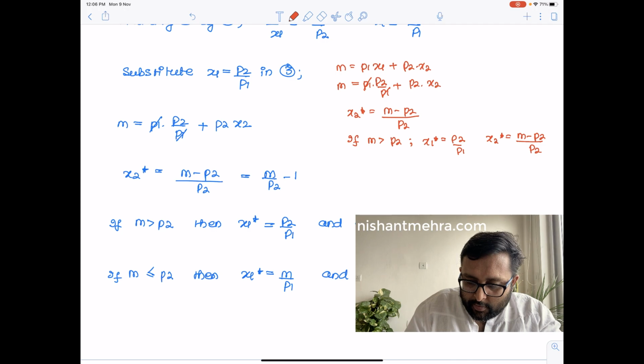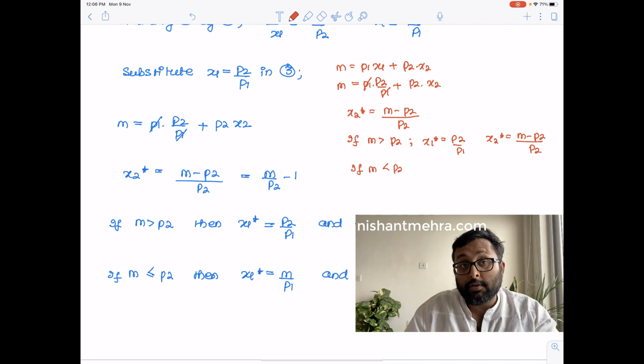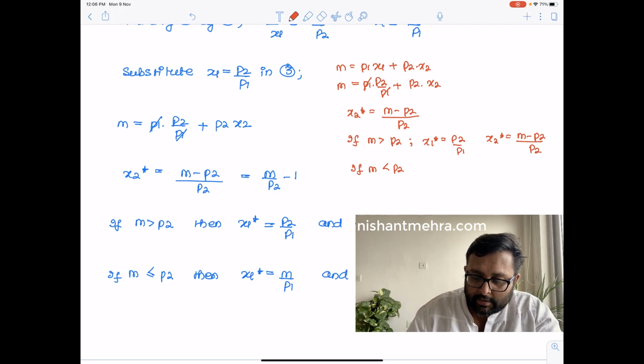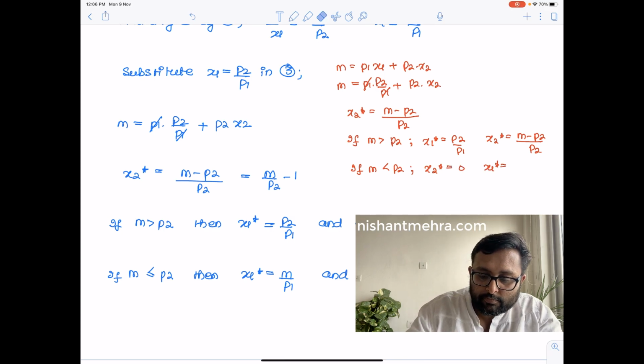Well, if m is less than p2, then what happens? You cannot consume x2; x2 is going to be negative. That is not allowed. You can have 0 of x2, but you cannot have negative x2. That doesn't make sense. So in that case, x2 star is going to be 0, and you will be spending your entire income on x1.